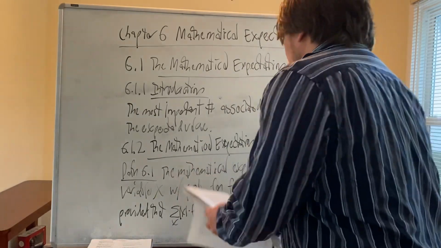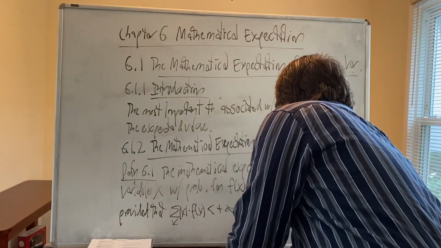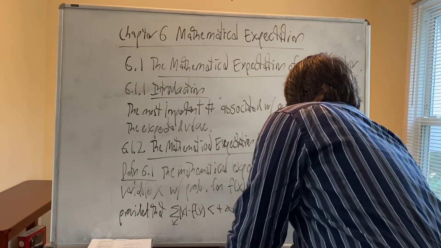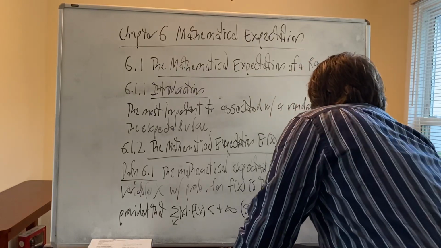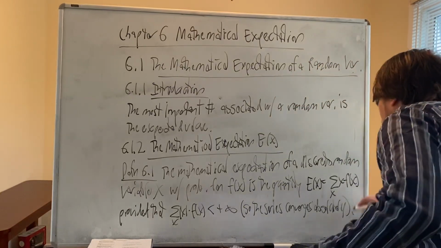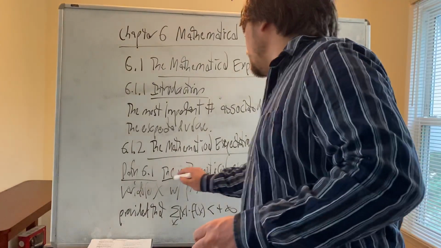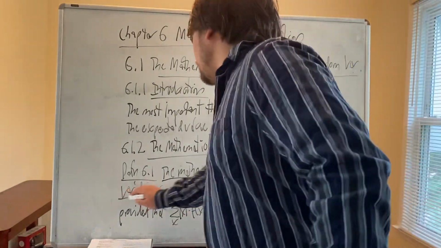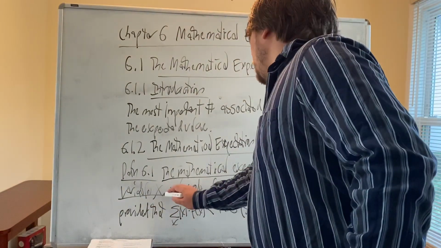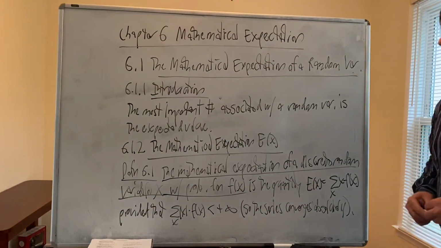So the series converges absolutely. Okay, so this is the definition of the mathematical expectation of a discrete random variable X with probability function little f of x, a long name.